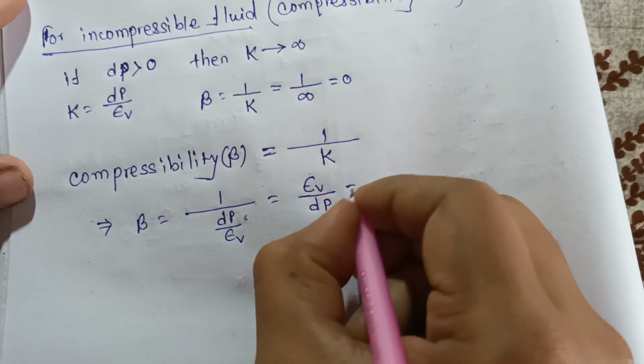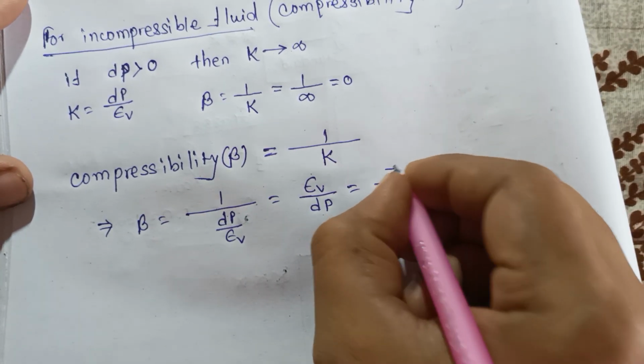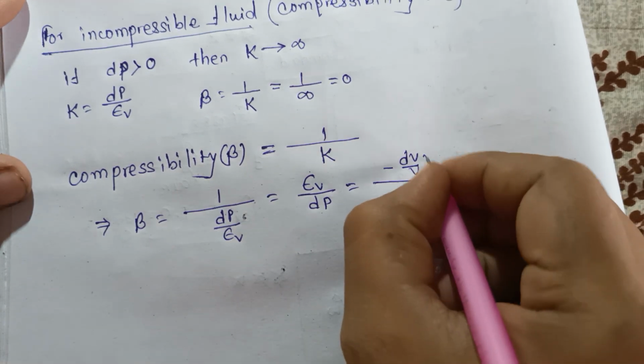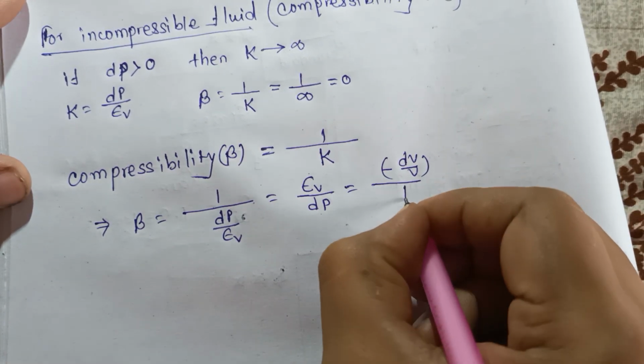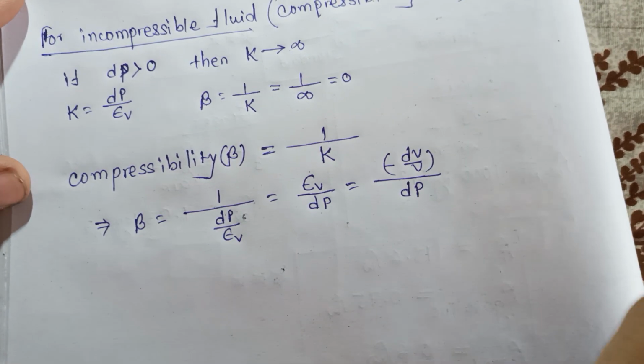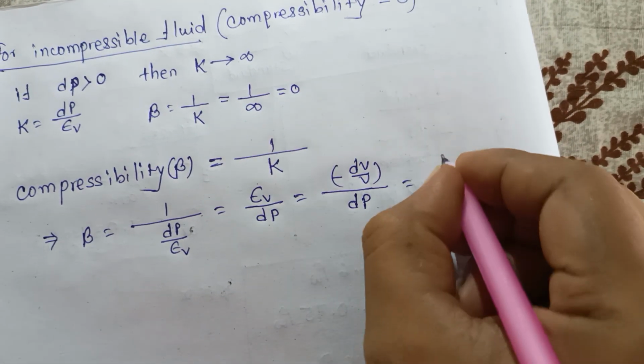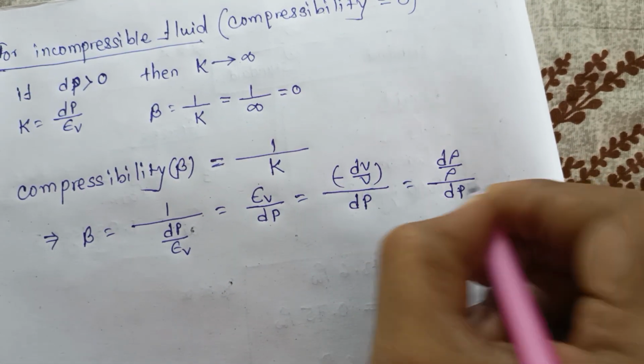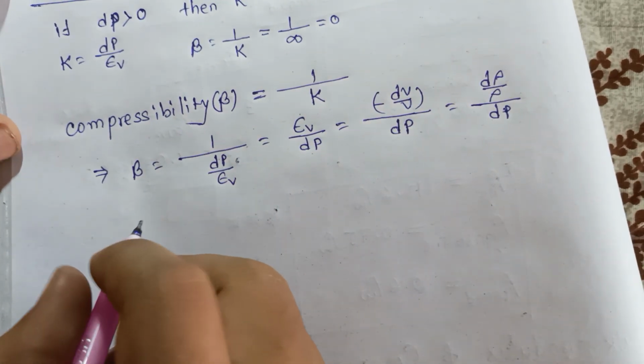From here that is minus dV by V by dP, which equals d rho by rho by dP. So beta equals 1 by rho into d rho by dP.